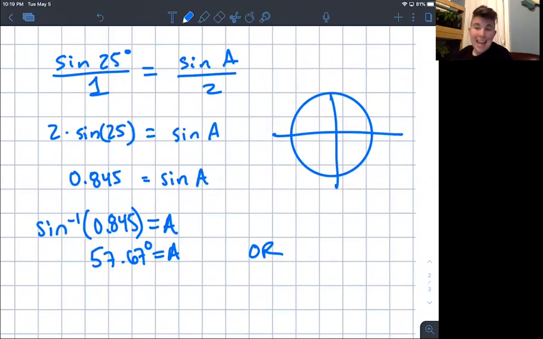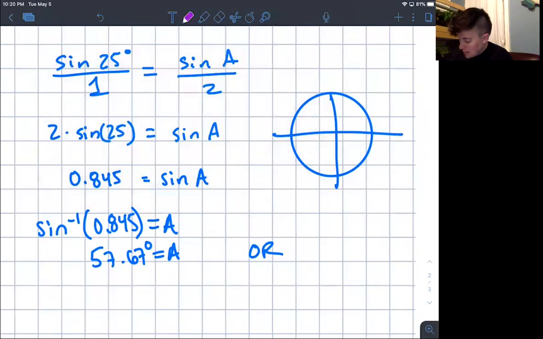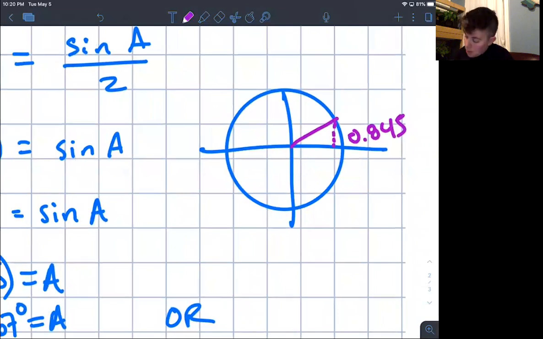If I'm looking for the angle that has that sine, sine is the y value, so I went up 0.845 right here on the unit circle. I know that there's another angle over here in quadrant 2 that also has a sine of 0.845.